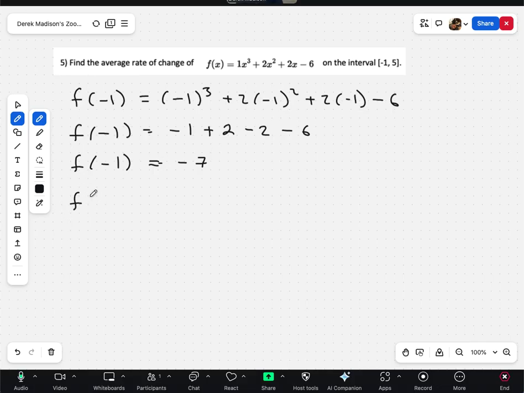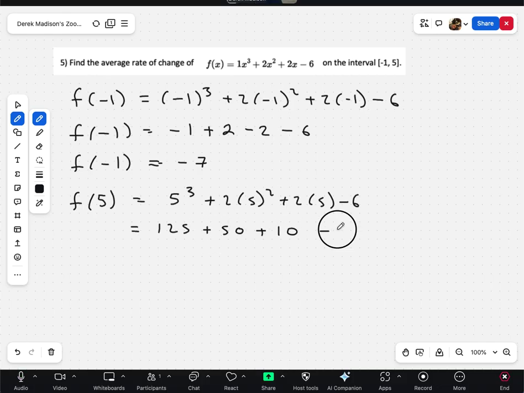And then let's do f of 5. So that is going to be 5 cubed plus 2 times 5 squared plus 2 times 5 minus 6. So that's 125. 5 squared is 25 times 2 would be 50 plus 10 minus 6. And we get f of 5 equals 179.